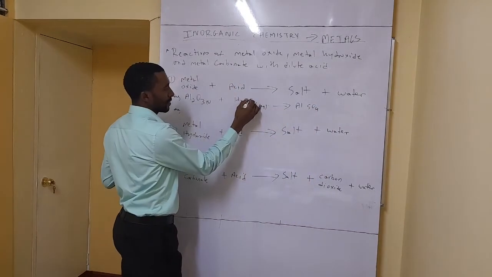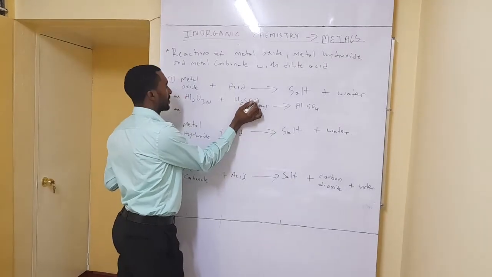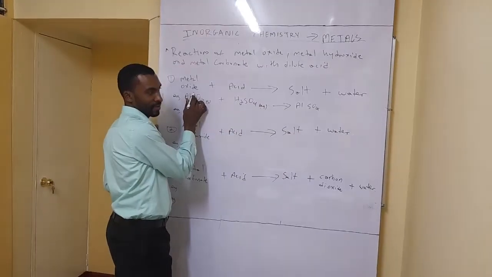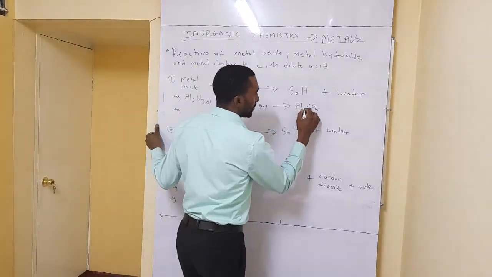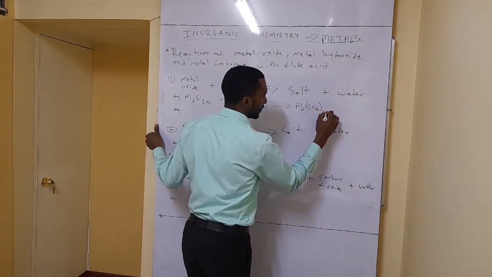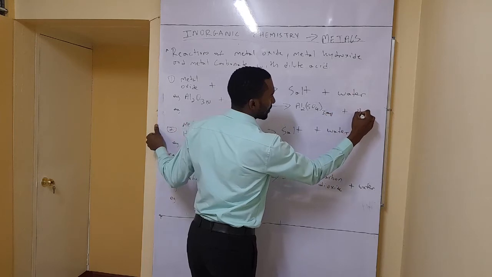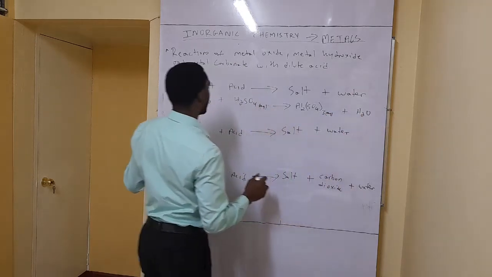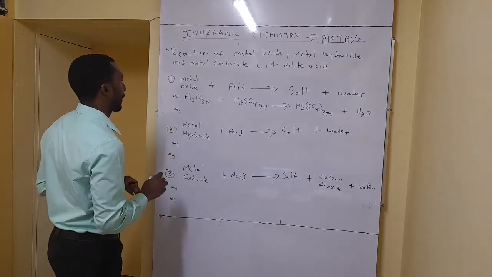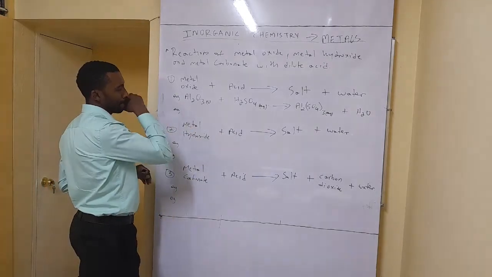So sulfate is 2 minus, aluminum is 3 plus, so it's going to be a 2 here, bracket 3, aqueous, plus H2O. How do we balance this?